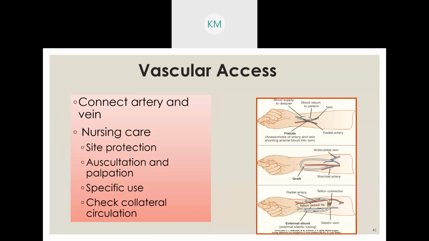Okay? Now, basically, how do you know this is functioning and working? Well, there's something called checking for the thrill and the bruit. You feel the thrill. In other words, you touch on top of the picture there where their shunt would be.